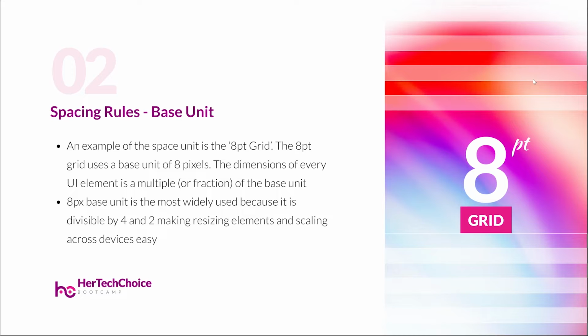Whereas if you use 10, you will end up with 5 pixels, 2.5 pixels, and 1.25 pixels respectively. Using half pixels should be avoided as much as possible. Whole pixels will allow you to have precise pixel boundaries and help your UI elements to appear aligned.